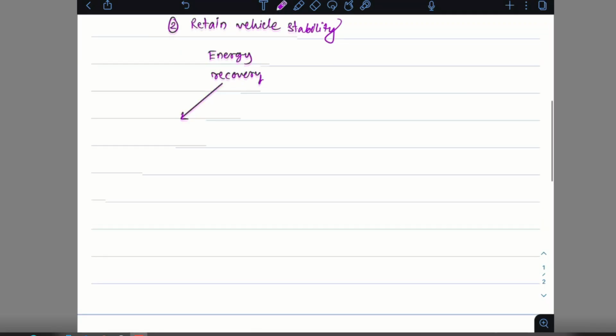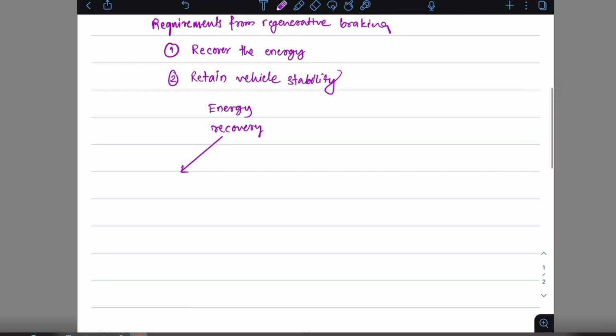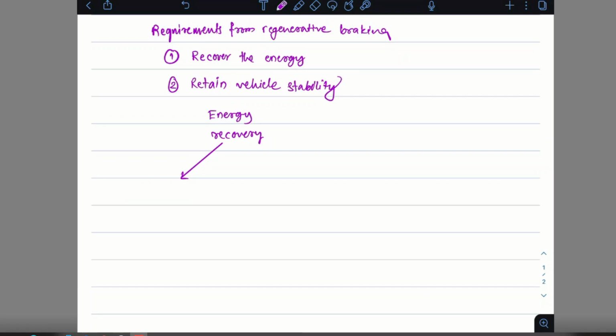Your energy recovery aspects would relate to the battery system. It would relate to the motor being used as a generator, and it would also relate to the power electronics.